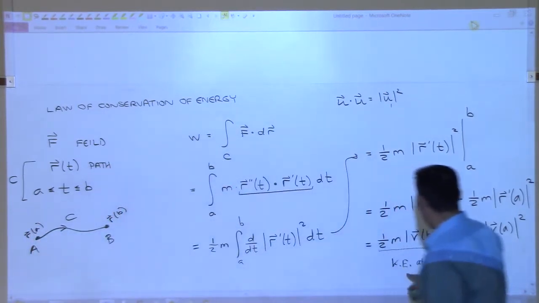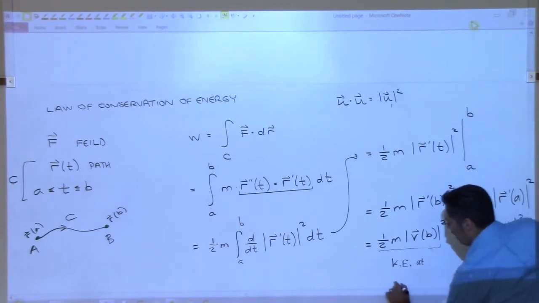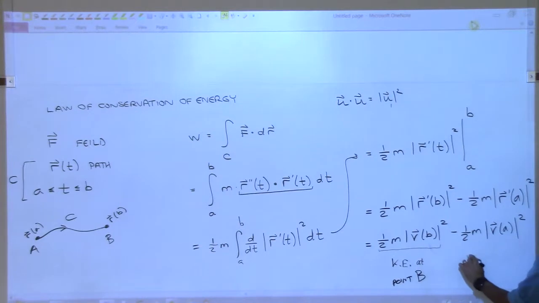So this is the kinetic energy at the point capital B, and this is the kinetic energy at the point A, right? Okay, that's the first thing.